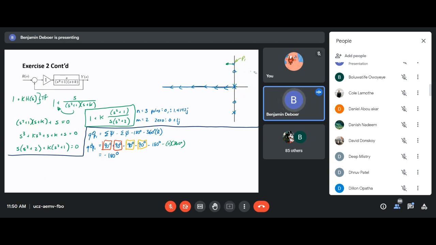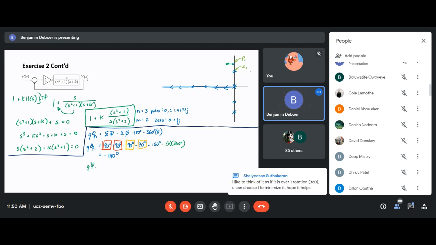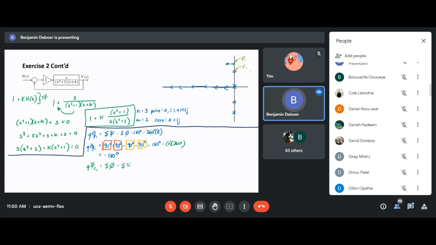Okay, so now we're going to do the angle of arrival for this zero here. So we'll call it Z1. This now is going to be the sum of the pole angles minus the sum of the zero angles, minus 180 degrees, again, minus the 360 degrees times L. And so what we're going to do here is look at all our poles. So we've got this one, this zero, this one here, that one there, and that one there.